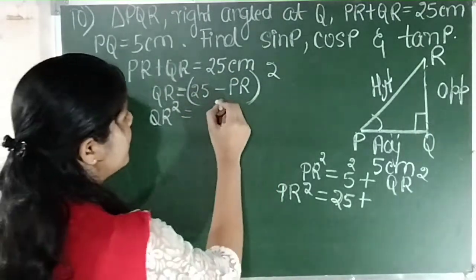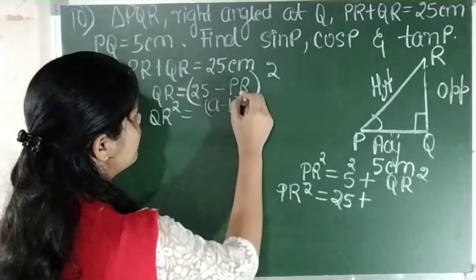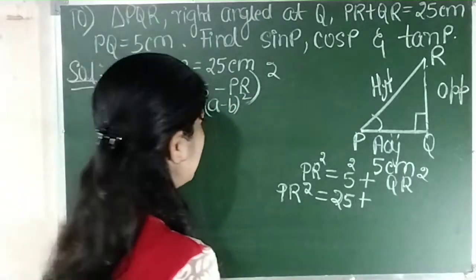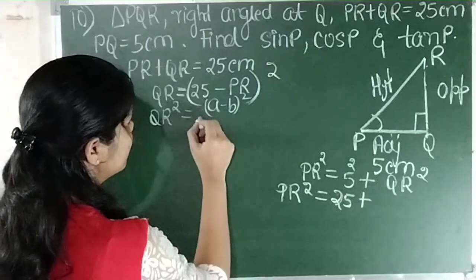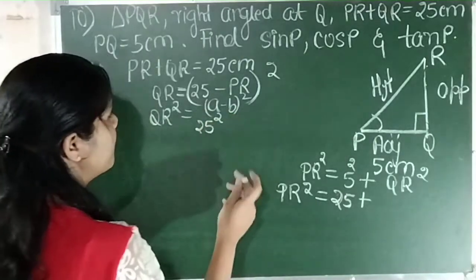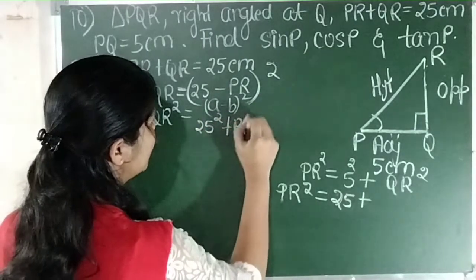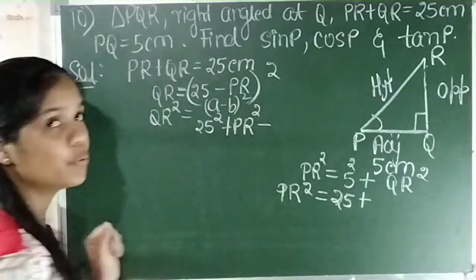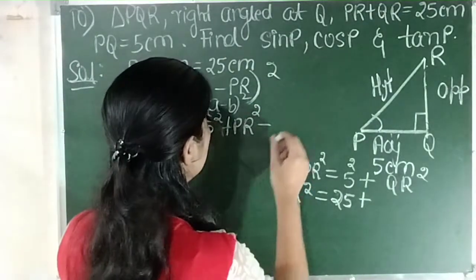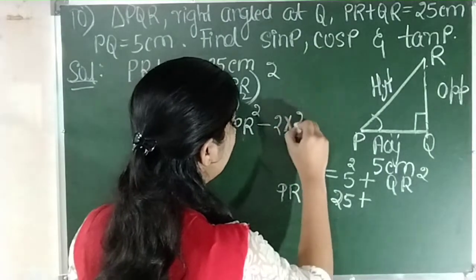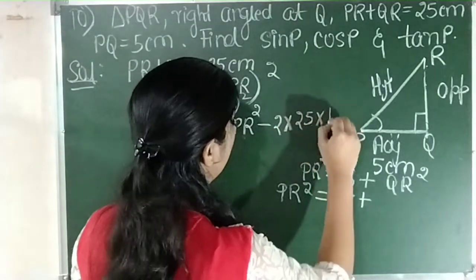That is of the form A minus B whole square. So that is A square, 25 square, plus B square, PR square, minus 2 into A into B, that is 2 into 25 into PR.